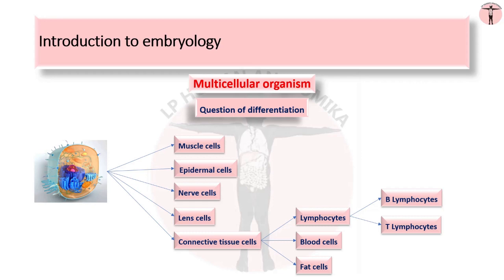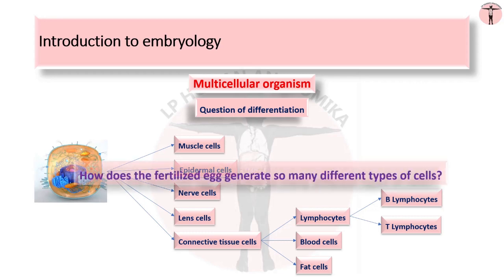Since each cell of the body, with very few exceptions, contains the same set of genes, we need to understand how this same set of genetic instructions can produce different types of cells. Now the question is, how can the fertilized egg generate so many different cell types?